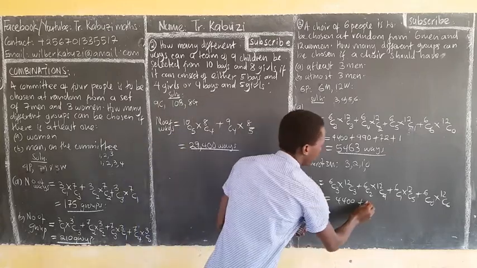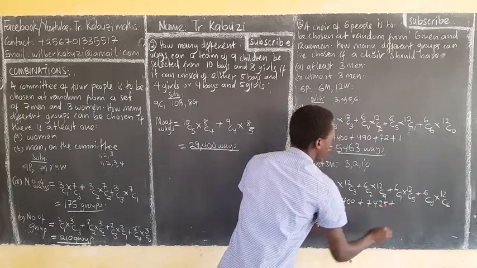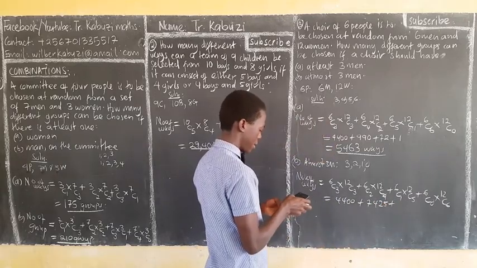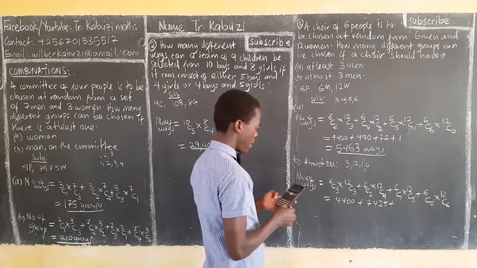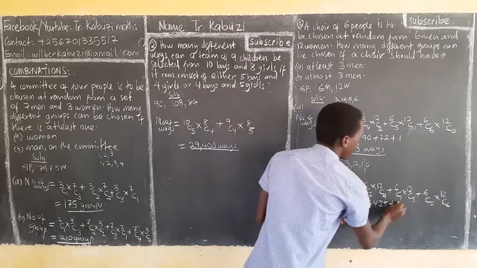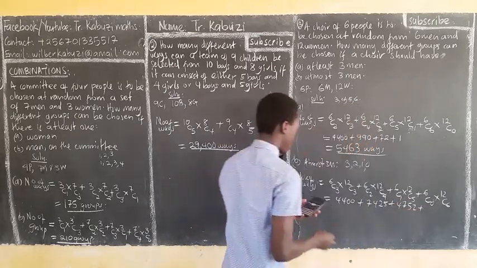So this one is giving me 7425, then plus, this one is 4752, then plus.